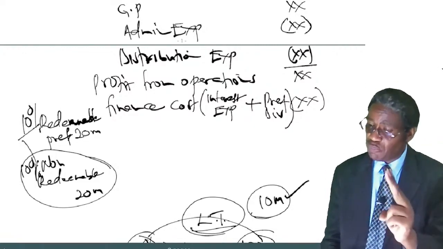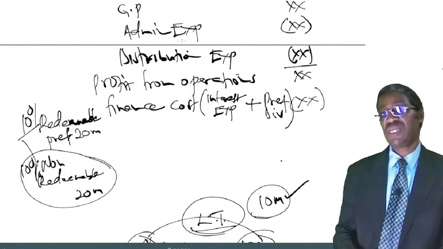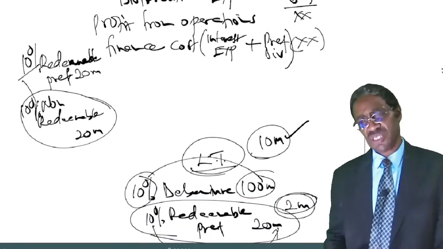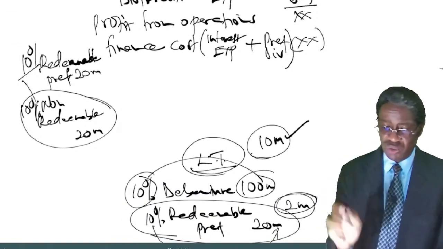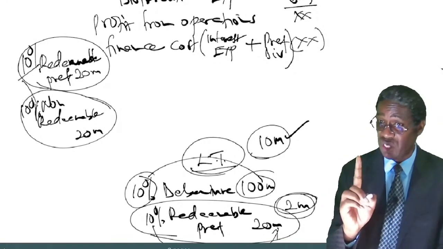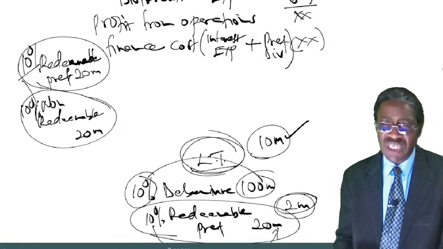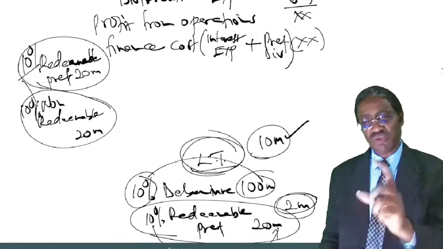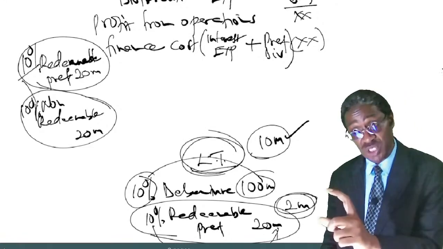The other important point you need to note is that even in the balance sheet, we don't take them to the same place. I've told you, if it's a redeemable preference share, it should be considered as a long-term liability in the balance sheet.